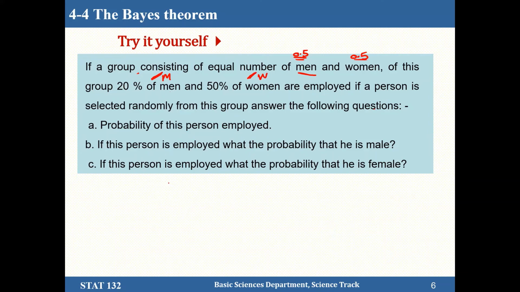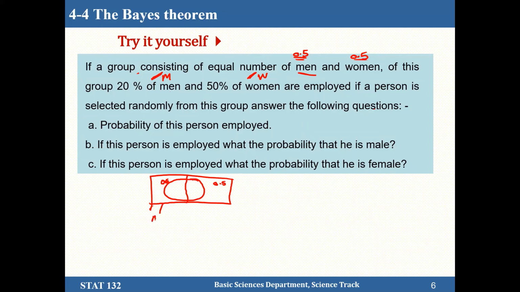So this is our company or group consisting of male and female. Male is 0.5. Employment is inside; employment could be from male, could be from female.